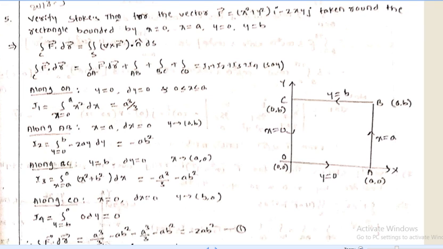Then along the curve AB, AB is x = a and its differential dx is equal to 0, and here y varies from 0 to b.